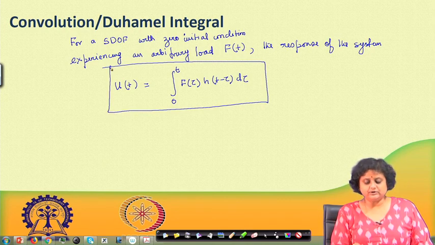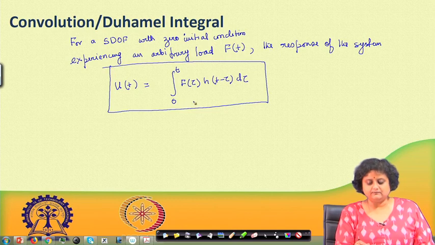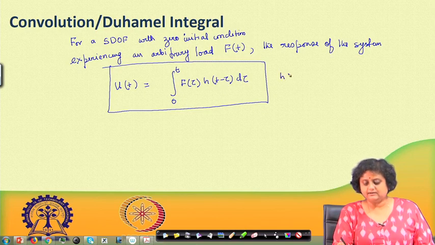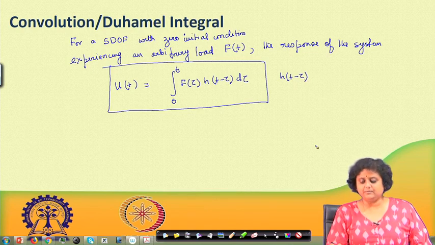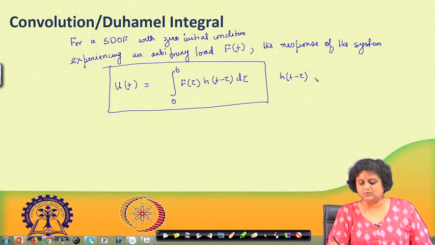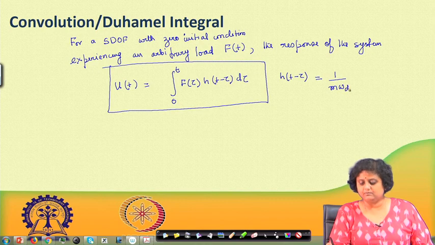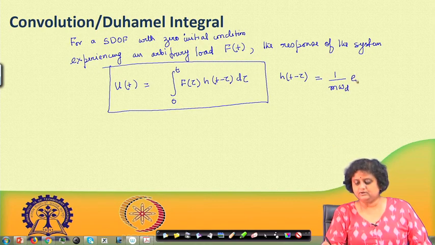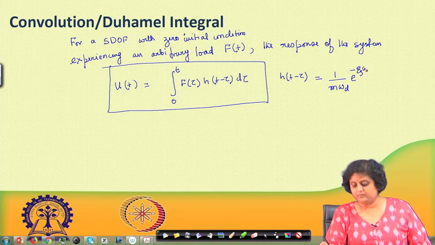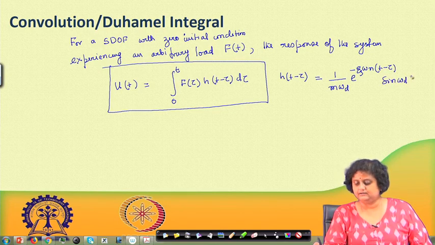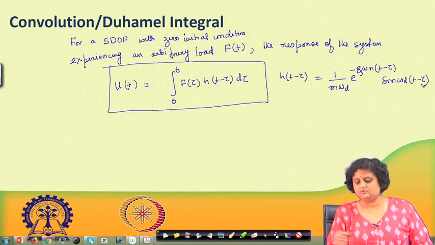It is called the convolution integral because it evaluates the convolution between the function f tau and h of t minus tau. h of t minus tau is nothing but the impulsive response of the system when the impulse force is acting at t equals tau, and the expression of this for a generic case is given as 1 by m omega d into e to the power minus zeta omega n (t minus tau) into sin omega d (t minus tau).